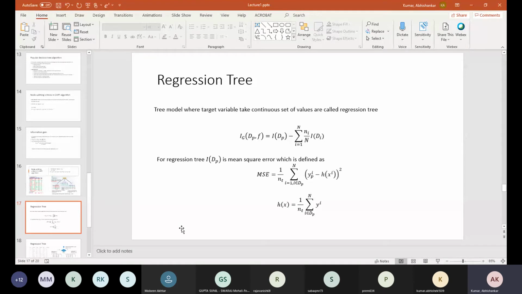Can you think of some other name for MSE? Mean square error? Is the question clear or not? Tell me. This is very interesting actually.